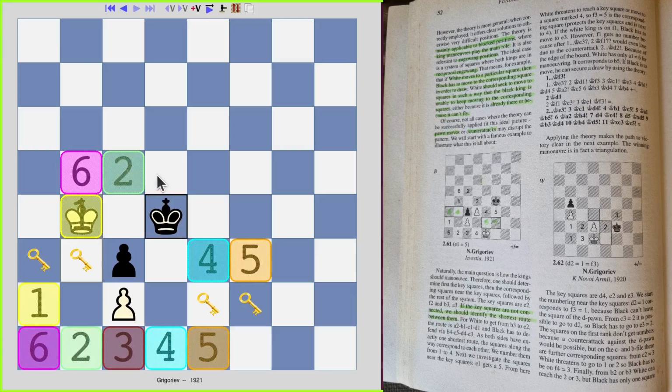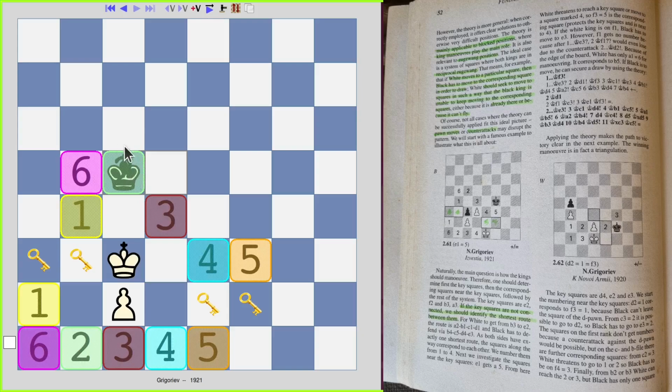But the point here is that, as we know, when black gets the opposition and the pawn is that far back, then the position is a draw. Right, so I hope that shows that from the perspective of when you've got the path, if white runs from one end of the path to the other, black will do exactly the same thing.